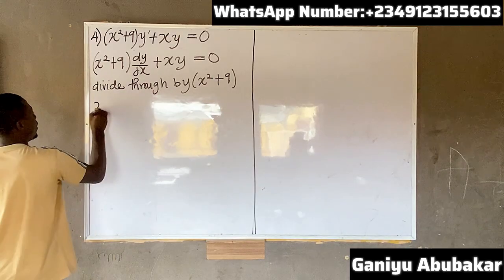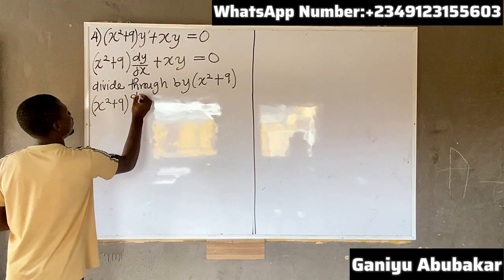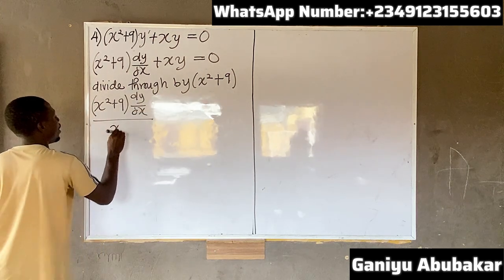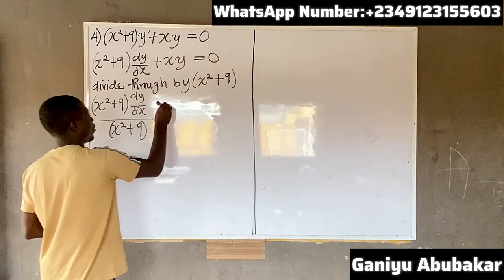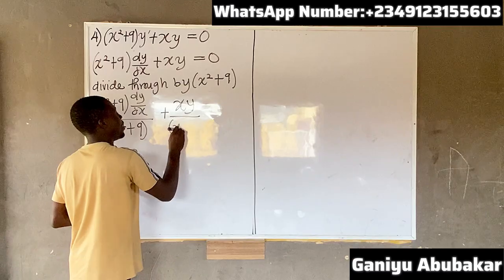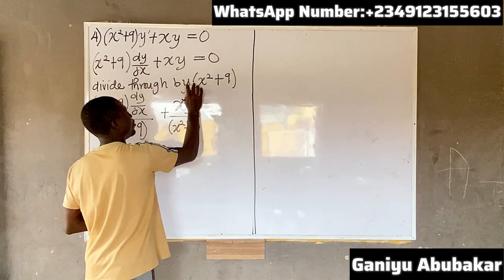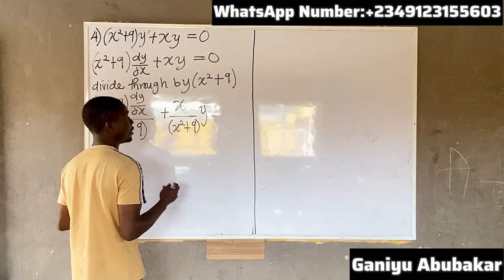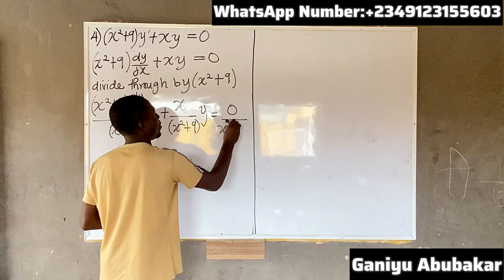That gives you (x squared plus 9) dy/dx all over x squared plus 9, plus xy over the same thing, x squared plus 9, equals 0 over x squared plus 9.